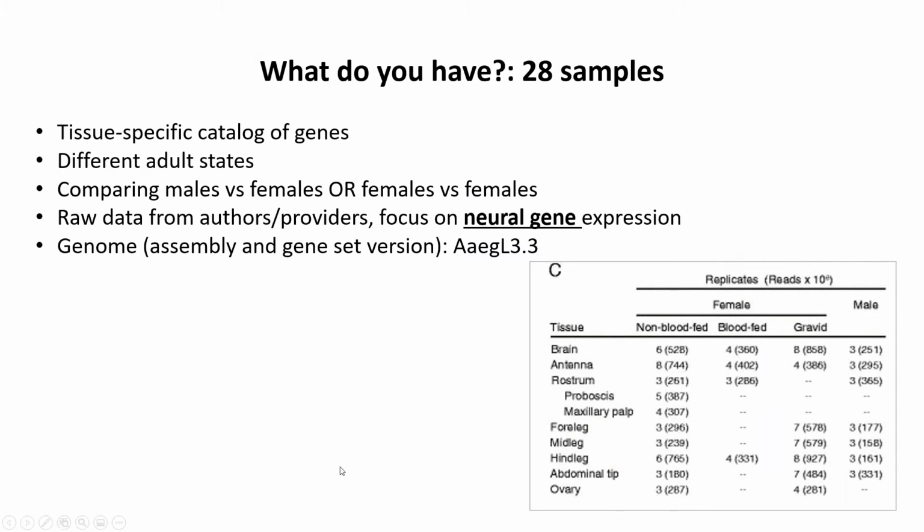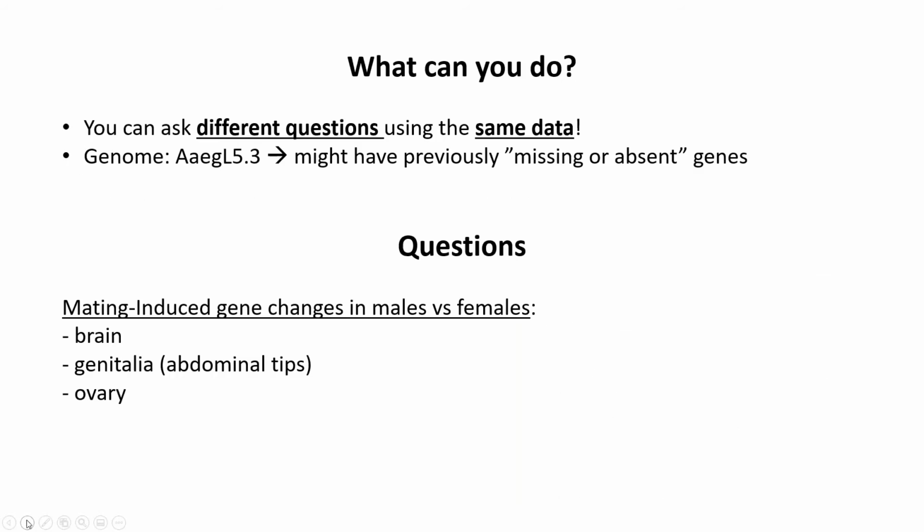So this is a tissue-specific catalog of genes for different adult stages, and they are comparing males versus females or females versus females. And we have the raw data because the authors deposit this in SRA, and they focus on the neural genes, and they focus this as a neurotranscriptome, but in fact they have the whole set of genes, and they analyze these when EDS-GPT was in version 3 of the assembly. And remember, I just told you we are now in assembly number 5.